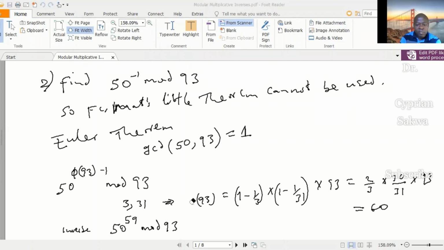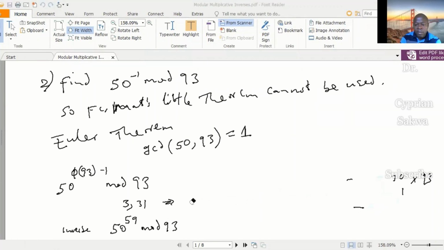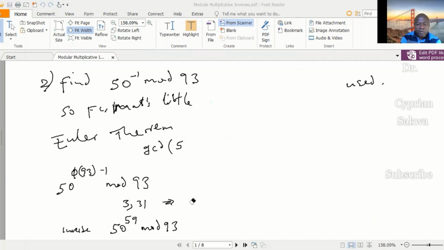I want to erase this part. We form a square table so that we see what the remainder is when 50 raised to 59 is divided by 93.